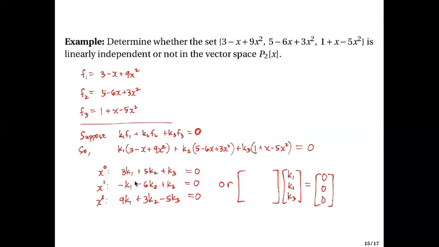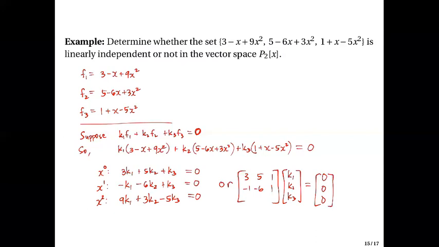So you need to convert this into a matrix equation. To convert this, look at this. You have 3, 5, 1. For the second equation, you have -1, -6, 1.